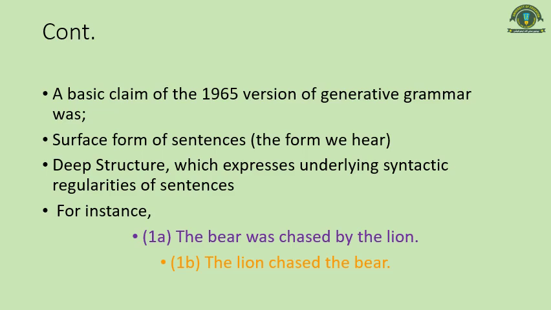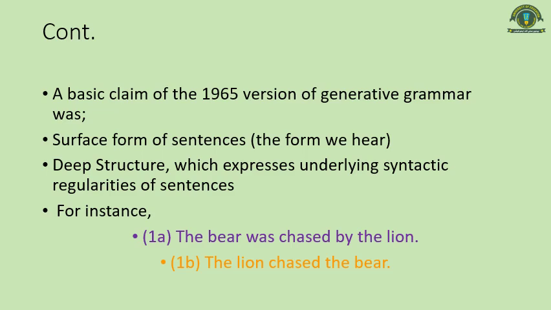For instance, a passive sentence like 1a, the bear was chased by the lion, was claimed to have a deep structure in which the noun phrases are in the order of the corresponding active, as in 1b, the lion chased the bear. So the meaning in both of these sentences is the same.